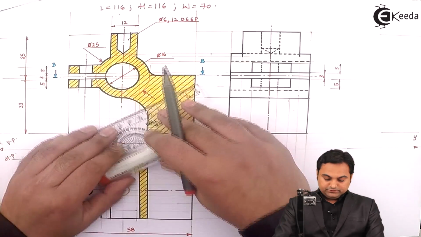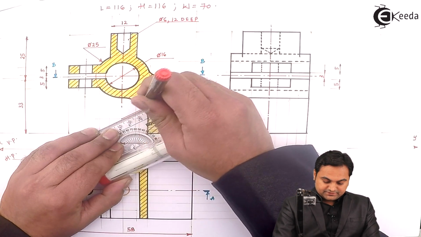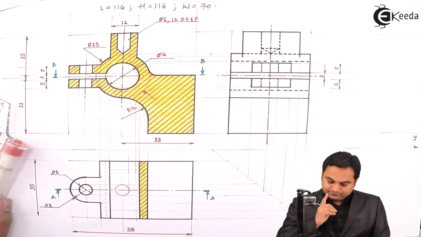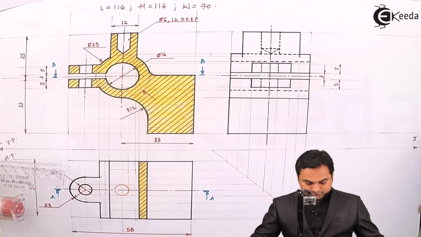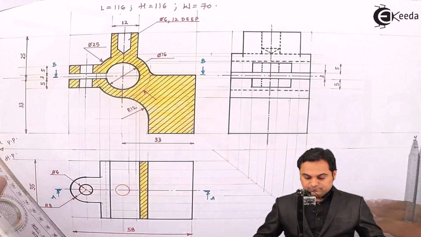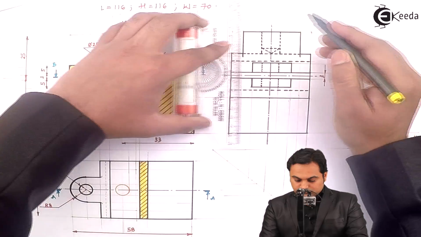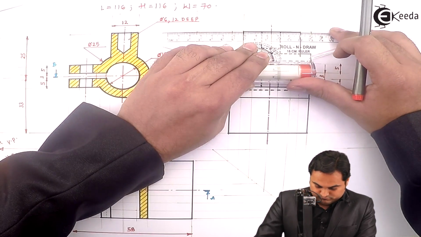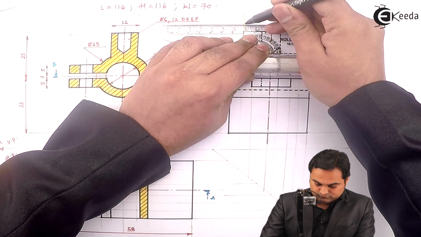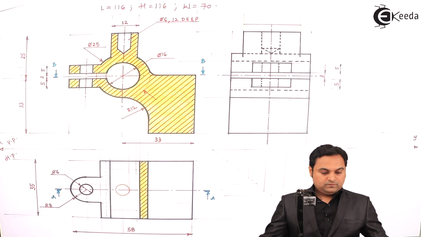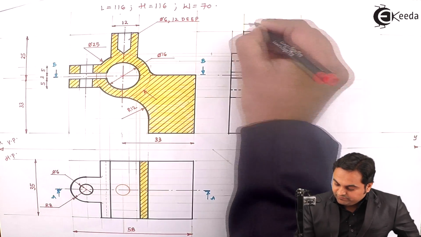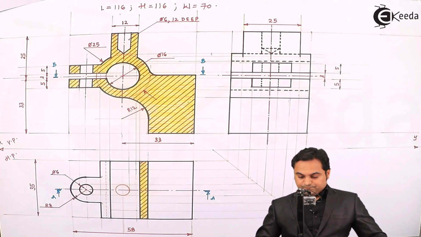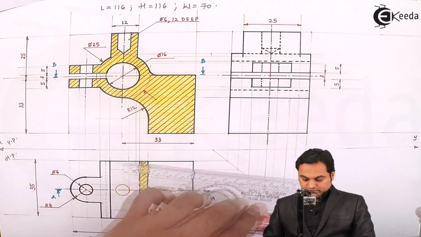here in case of front view, one of the dimensions was left, that is this radius. It was 12 mm. Now here the width is 25 mm. And the total width is 35.